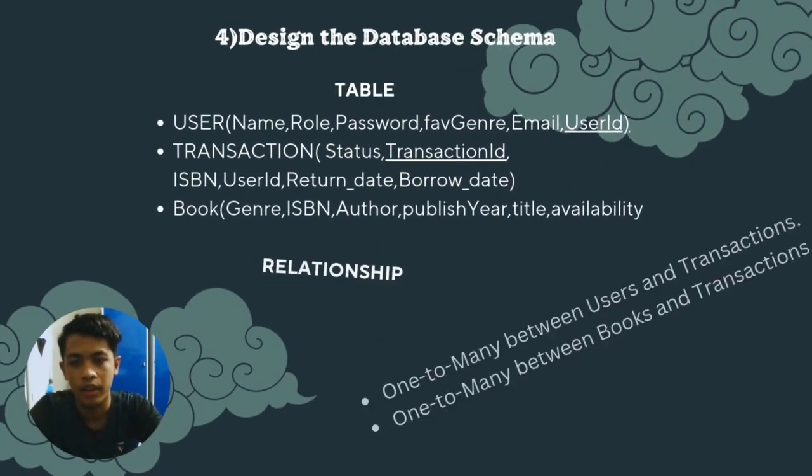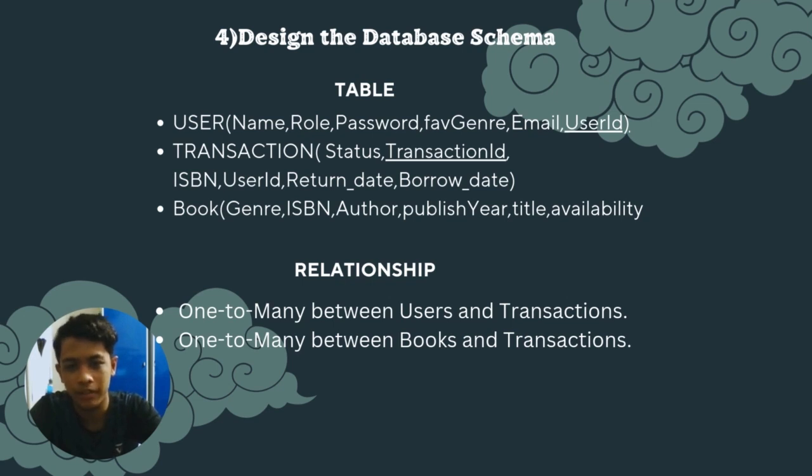Okay. Number 4, design the database schema. In the tables, we have the user entity, transaction entity, and book entity. In the user entity, we have name, role, password, favorite genre, email, and user ID as the attributes. In the transaction entity, we have status, transaction ID, ISBN, user ID, return date, and borrow date.